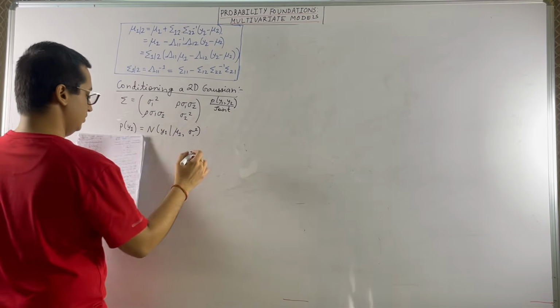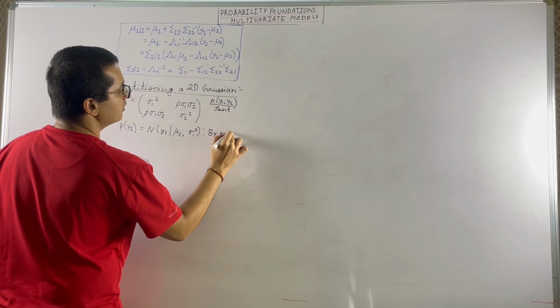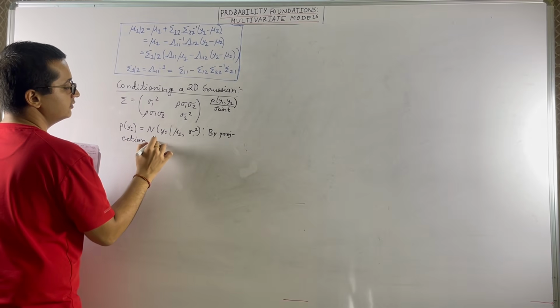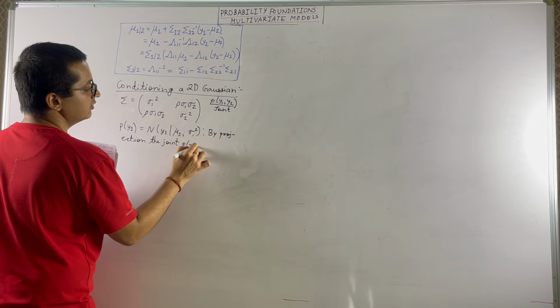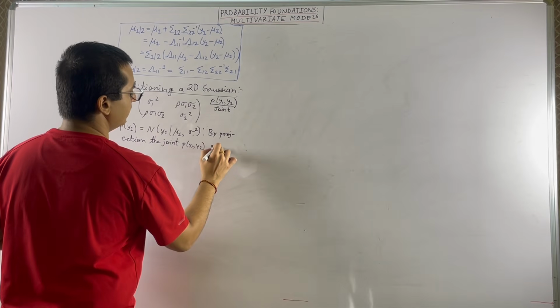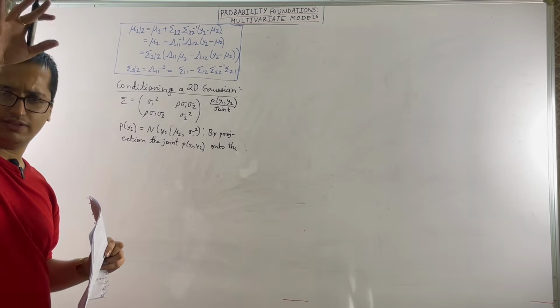So this is found by projecting the joint onto the y1 line, because we have two axes, right? One for y1, another for y2.